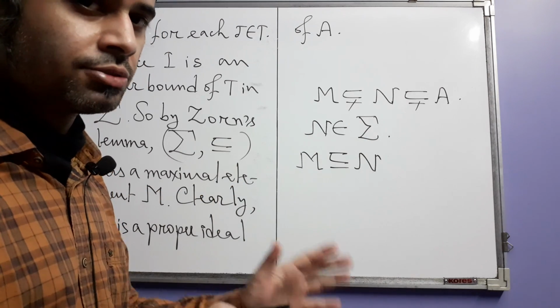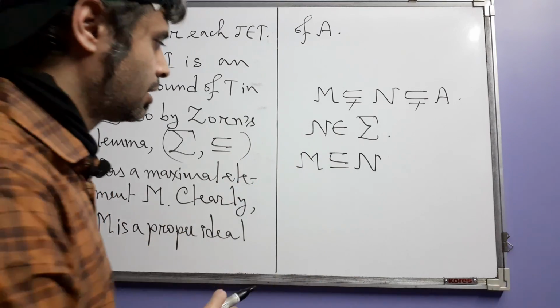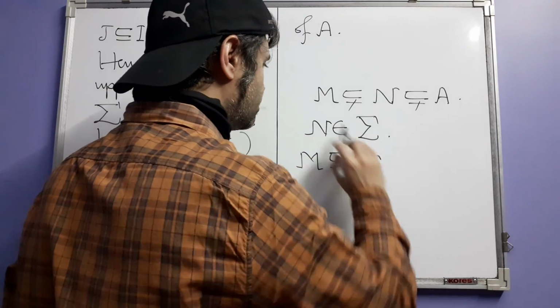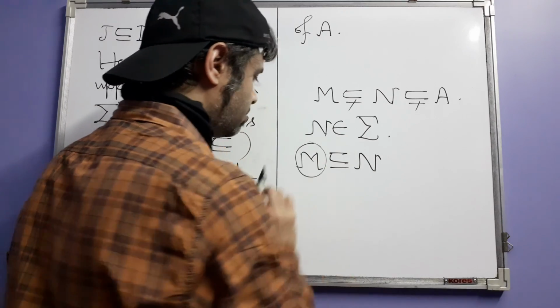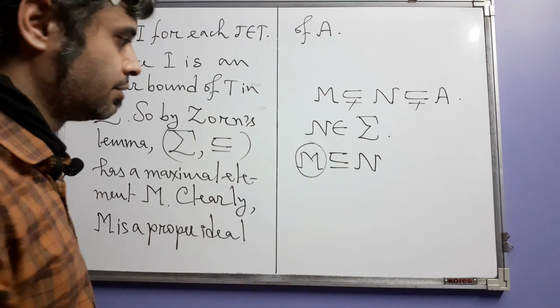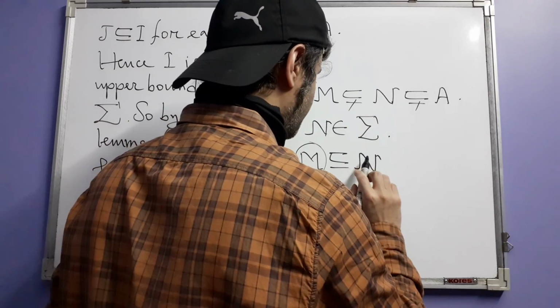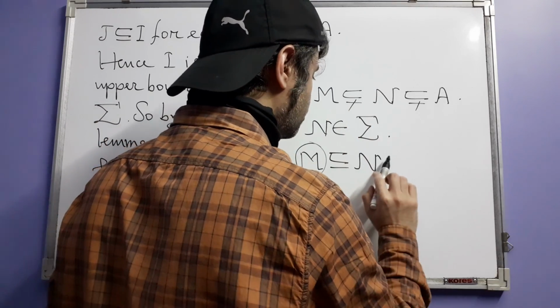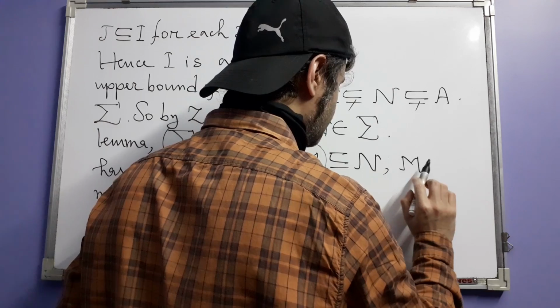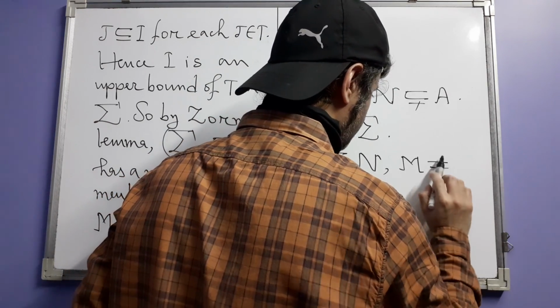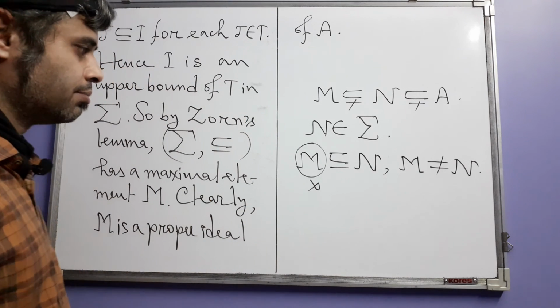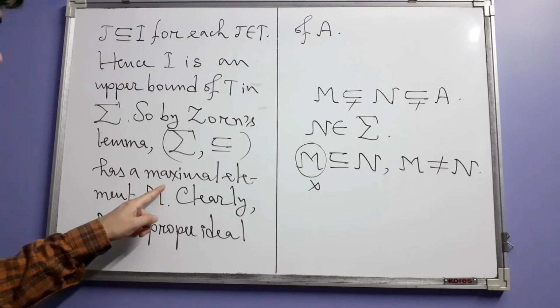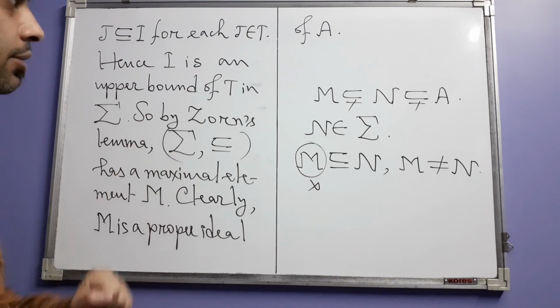I am not using a technical word, just for understanding. In this tree, one branch has this leaf, above which there is nothing. But if this is the case, then you do have something even above M. But that contradicts the maximality of M, the fact that M is a maximal element of this partially ordered set.